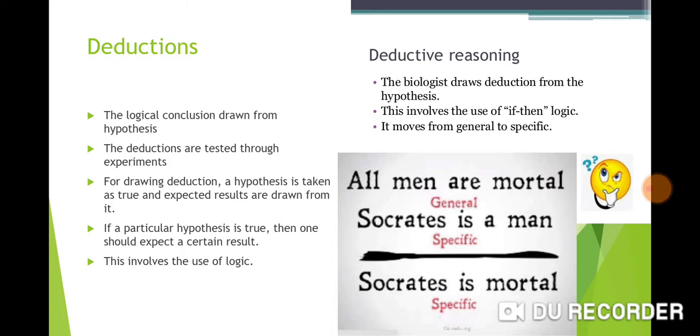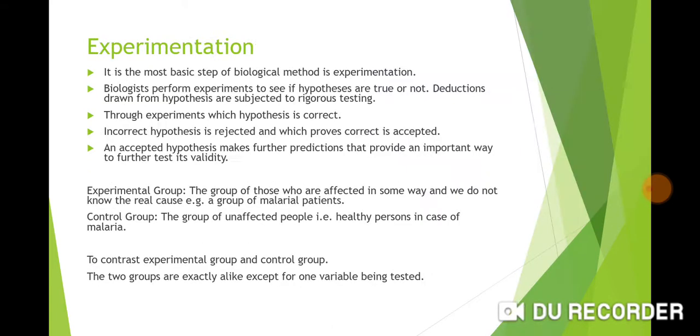Because Socrates is a man, so Socrates is also mortal, because all men are mortal. Moving from general to specific. How I deduce results from general ideas and move toward the specific idea and deduce the result out of it, that because all men are mortal, Socrates is also mortal. He also has to die in the end.